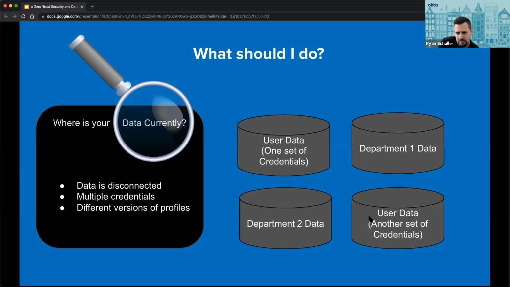First and foremost, you have to identify where your data is currently. You have to realize that you might have different sets of credentials. You might have each department having siloed copies of your profiles, and also their own set of credentials as well.